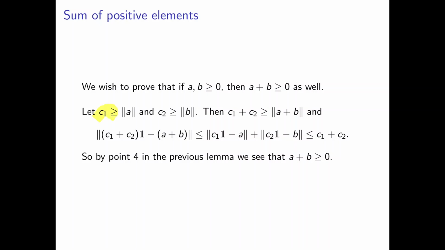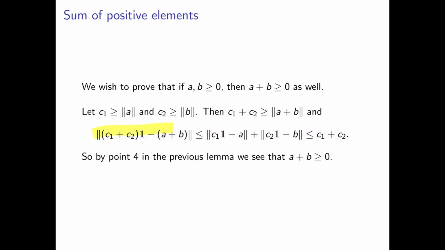So we set C1 to be greater than or equal to the norm of A, and we let C2 be greater than or equal to the norm of B. Then, of course, by the triangle inequality, C1 plus C2 is greater than or equal to the norm of A plus B. And now we can calculate this, because if this expression here has norm less than C1 plus C2, we are done. And this is pretty easy.